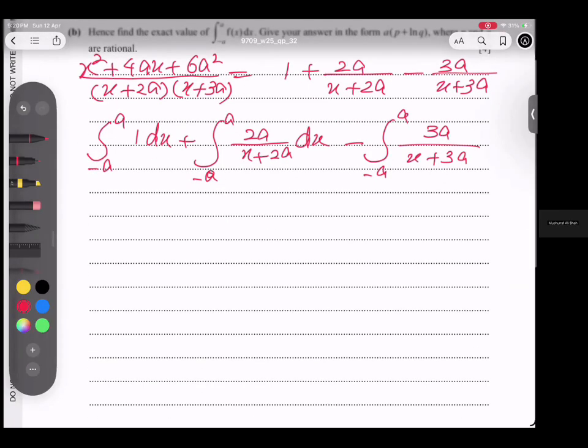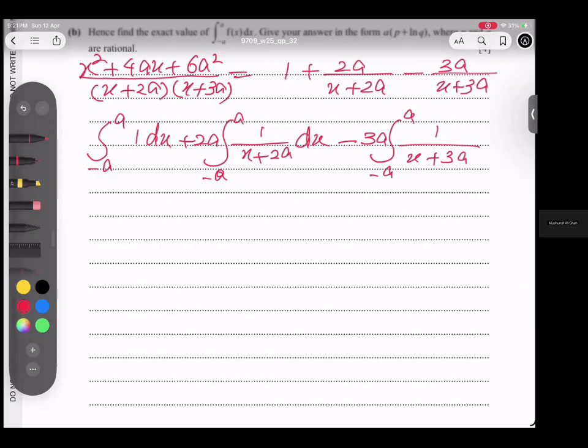Students, a constant we can bring outside, so no problem at all. I'm shifting this a out. Same here, I'm shifting this 3 outside, because it is a constant.